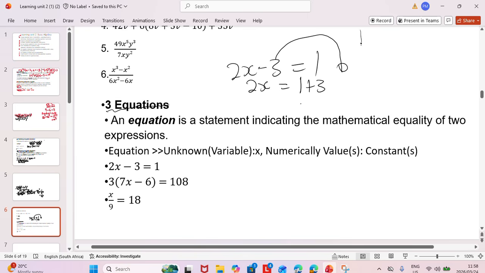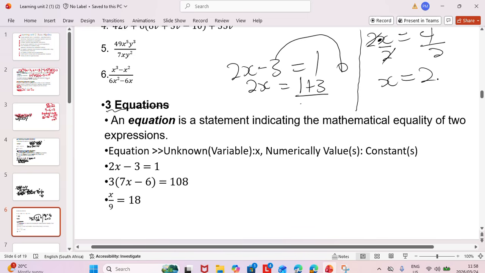So let me just utilize the space here. 2x will be equals to 1 plus 3 is 4. And then x is multiplied by 2. You reverse the multiplication by a division. You need to divide x by 2. Divide on the right hand side by 2 as well. So that 2 can cancel 2. X is equals to 2.